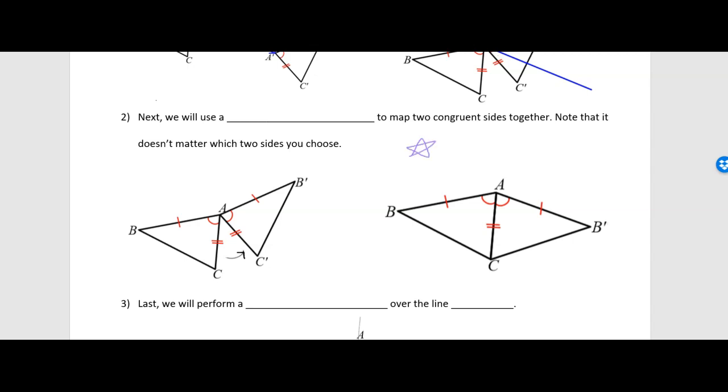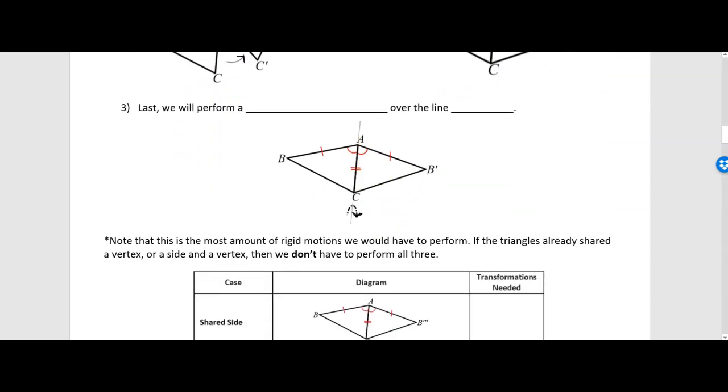Well, I think it's pretty easy to know what the last thing we'd have to do is, right? If I want to map those two on top of each other, I'm going to have to use a reflection. And I'm going to have to reflect it over the line AC.